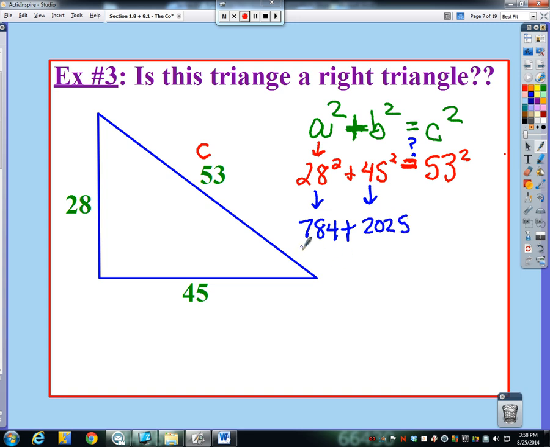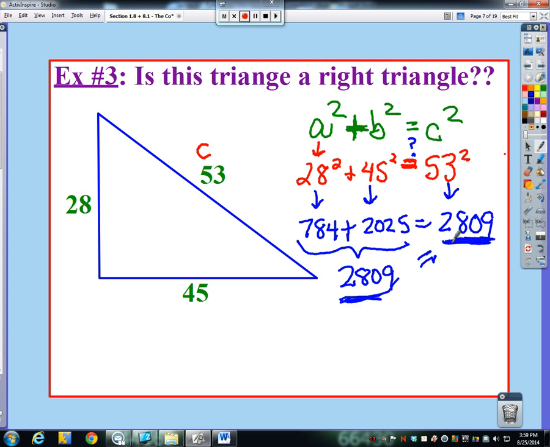Now, I'm going to stop right there, because I'm going to go ahead and add these two. What does that end up being? And I get 2,809. Now, 53 squared. Let's plug that in. And I get 2,809. I get equal values on the left and the right sides.